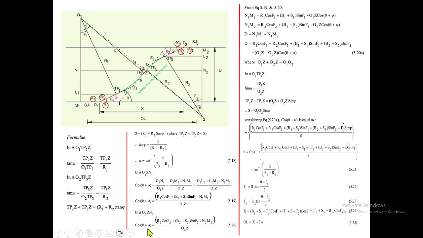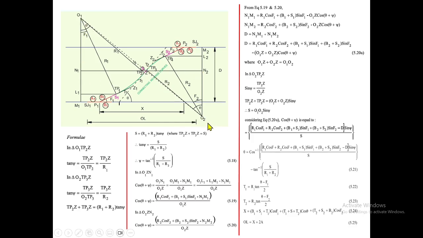So similar way we do it, and we make the equation cos theta plus psi equal to R2 cos of something B2 plus S2, if S is there, otherwise we can simply ignore, sin F2 minus N2 M2, O2 Z.